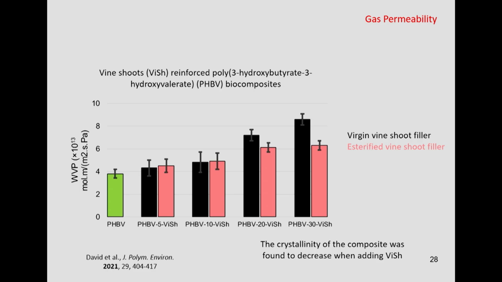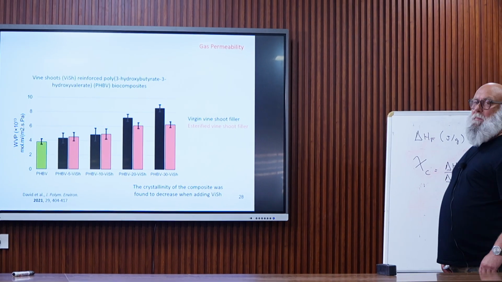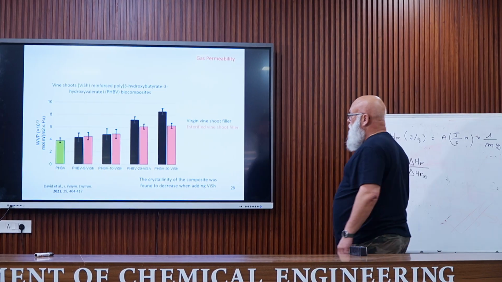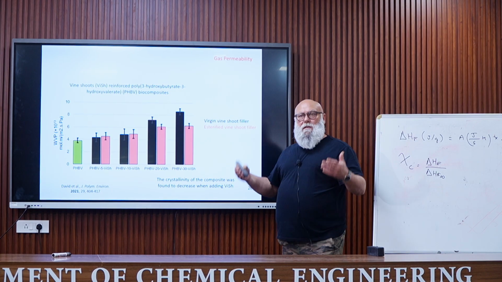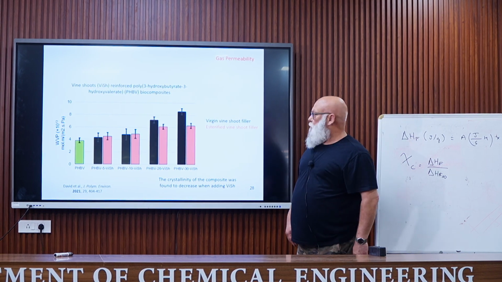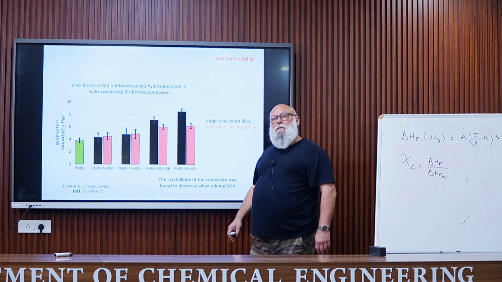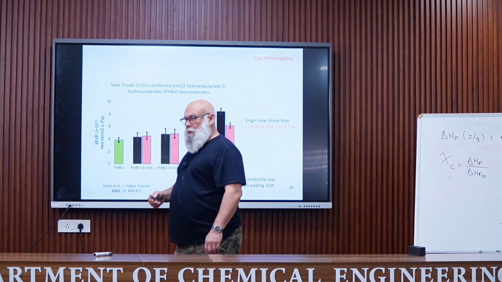So there are two data, virgin wine shoot filler or modified. So what we can see is, of course, when adding a hydrophilic filler, the water vapor permeability increases. Because PHBV is typically hydrophobic, you add a hydrophilic filler, of course, it's easier for moisture to penetrate into the sample. But we can see the effect of the surface treatment that limit the permeability of water vapor.